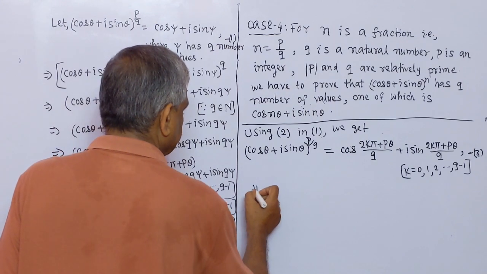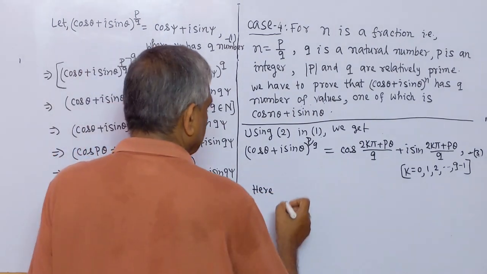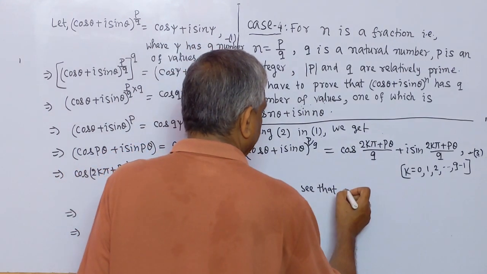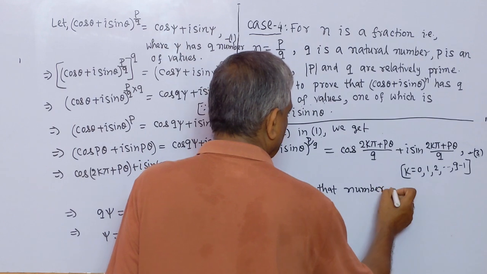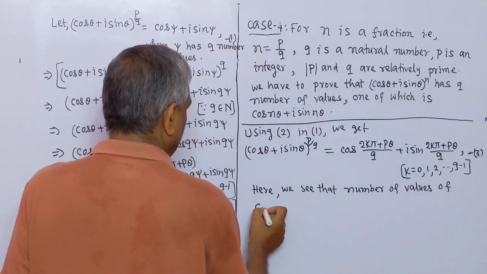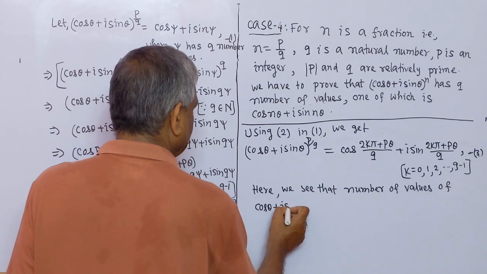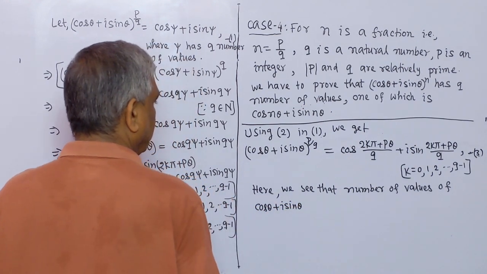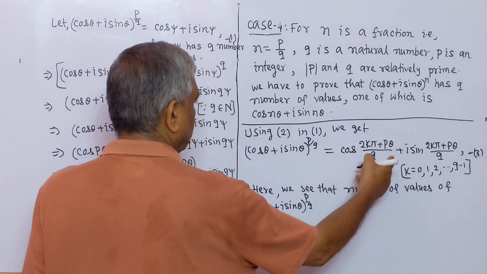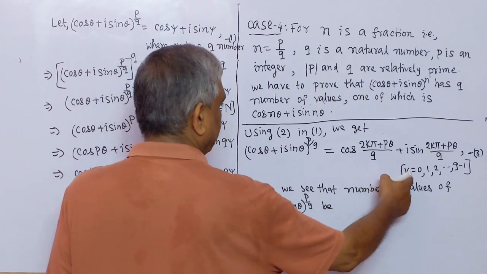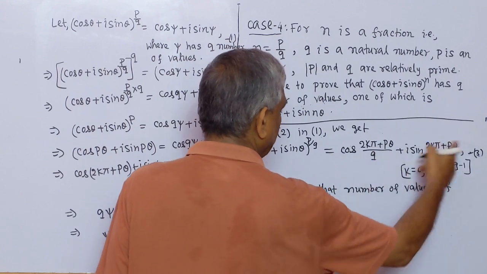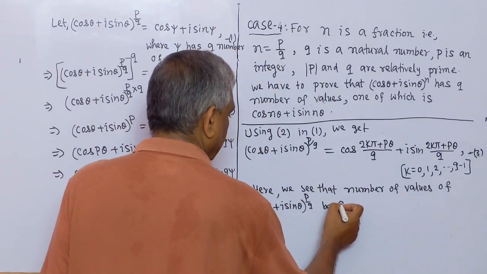Here we see that the number of values of (cos theta plus i sin theta) to the power p by q will be, putting k equal to 0, 1, 2, up to q minus 1, q number of values.